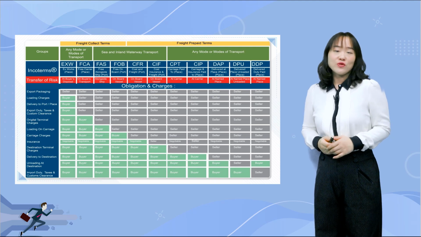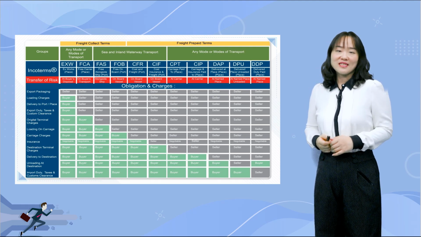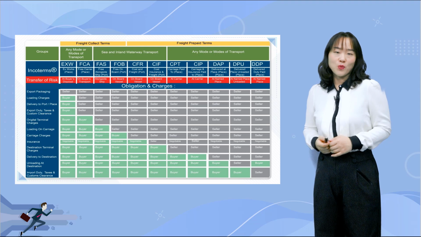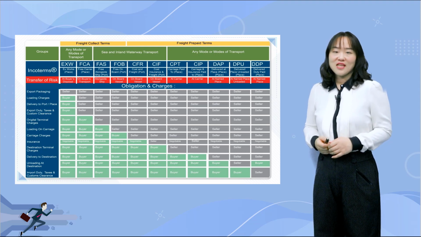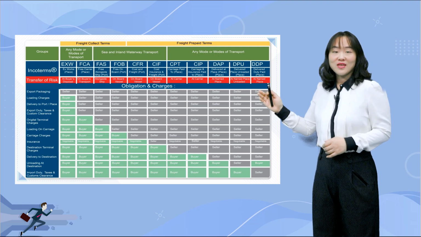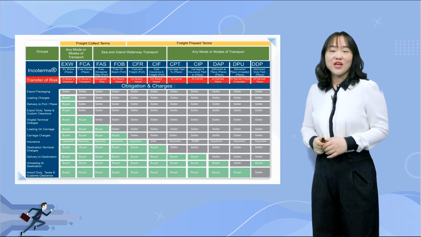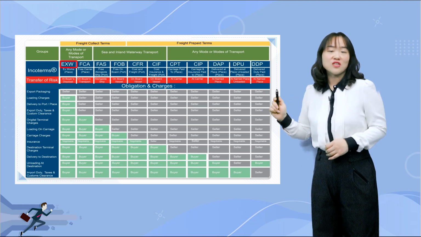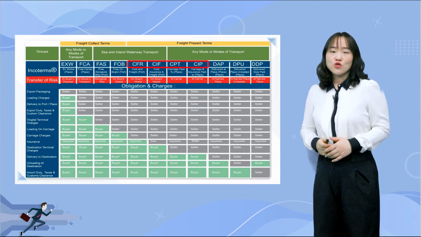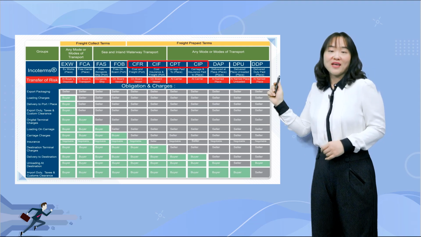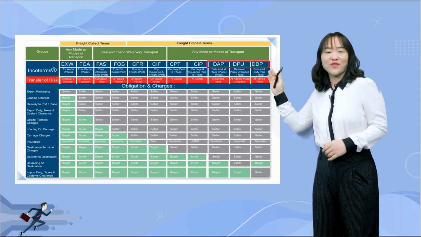As you may have noticed, all Incoterms intended for intermodal transport can be used for containerized cargo. There are 4 groups. The Incoterms are divided into 4 principal categories: Group E, departure; Group F, main carriage unpaid; Group C, main carriage paid; and Group D, arrival.